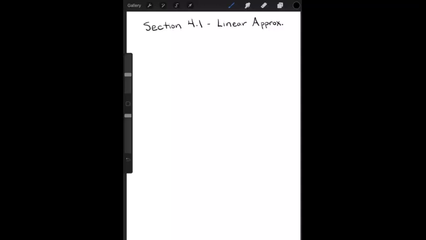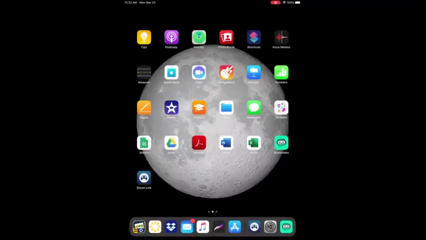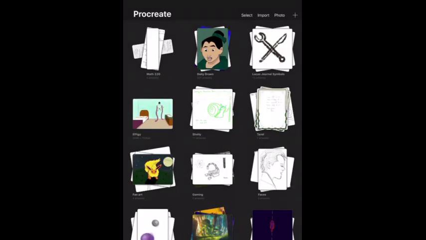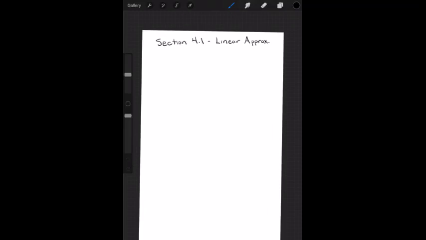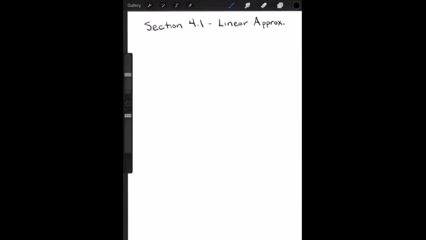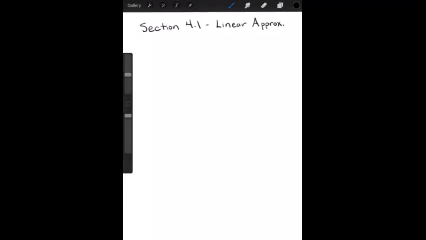But today we're talking about section 4.1, which, as we saw from our reading summaries, is all about linear approximation. So the basic idea that we got in the book there is, whoops, that's exciting. Alrighty, so back to this.